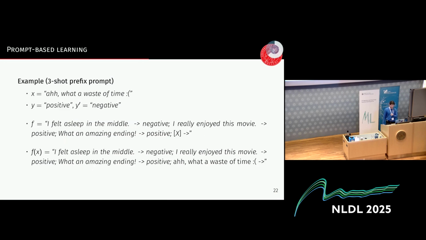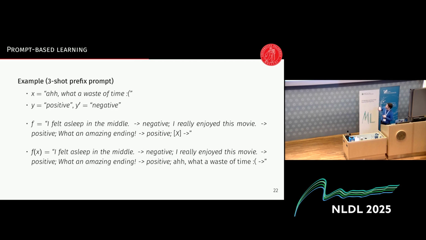Yeah, that's it. And so this is an example, again, of sentiment analysis. But this time, we will not use as complex a prompt template as before, because now we will show it 3 examples of the correct behavior, and then we will hope that the model will follow after that. So again, we have a review, which is the input. We have 2 possible labels. But now in our prompt template, we will show 3 demonstrations of the correct completion of this task. So we have an input, then an arrow, and the correct label.